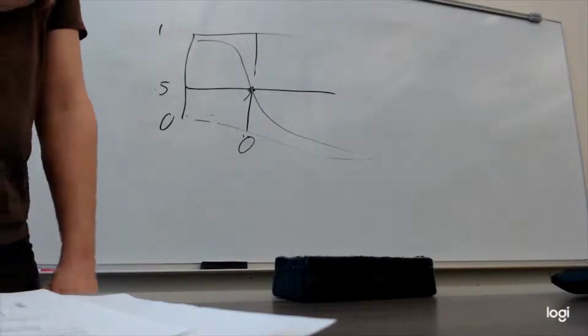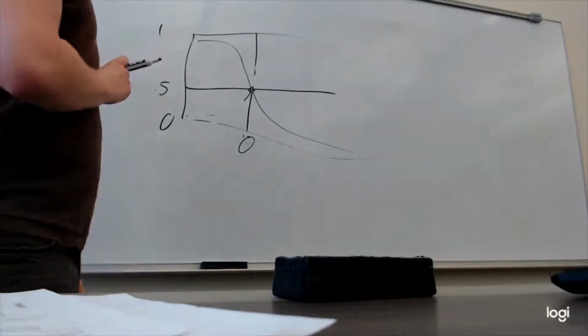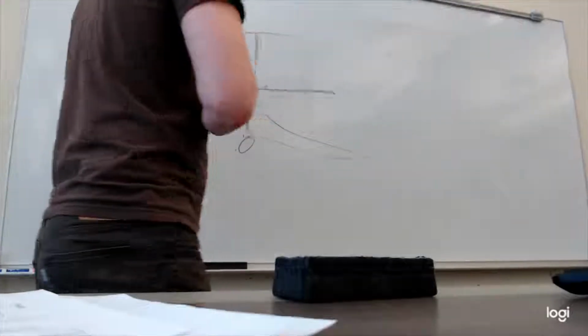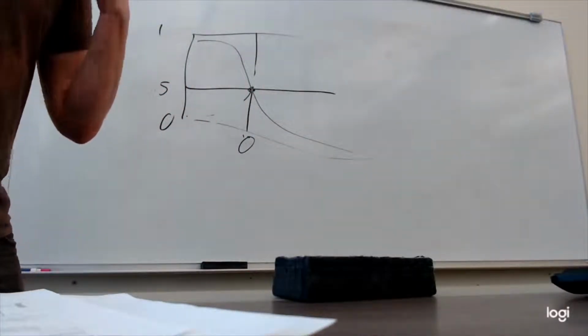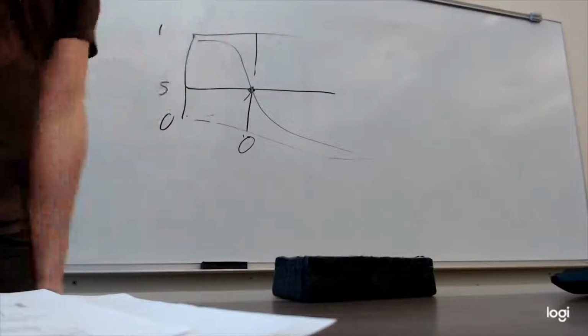So what does that mean for this graph? This means that as x increases, the probability we're looking at is decreasing.